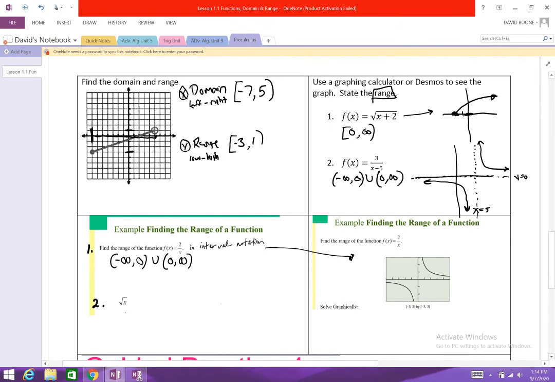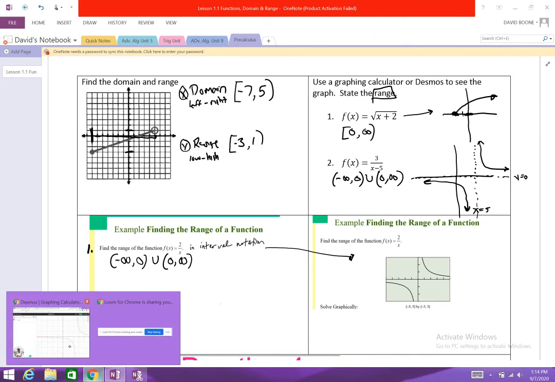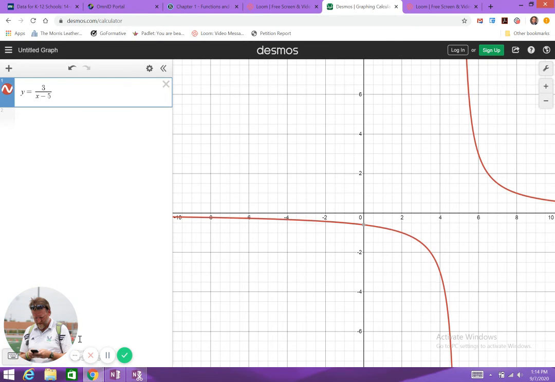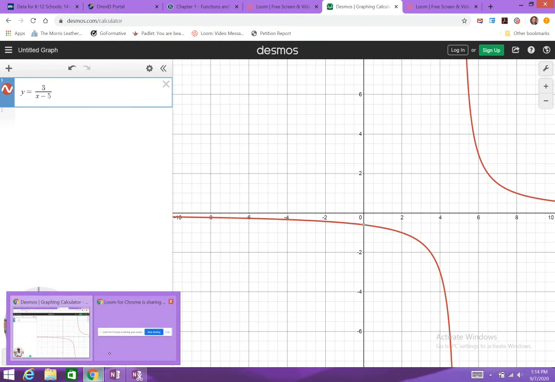Get a little second practice, and again, you can go to Desmos and graph that. And you certainly could go back to that and clear everything here. Oops.